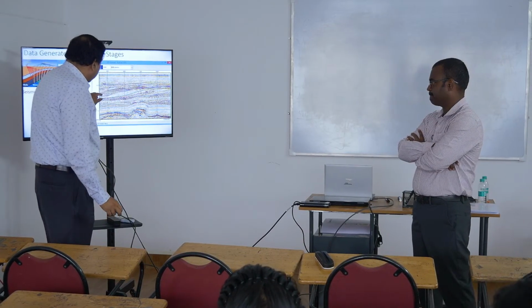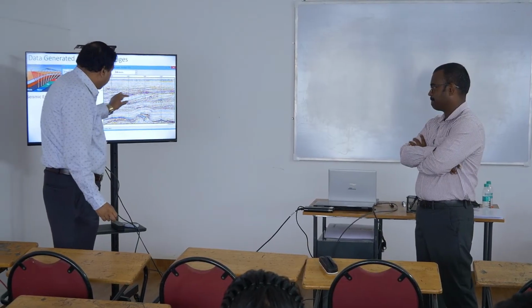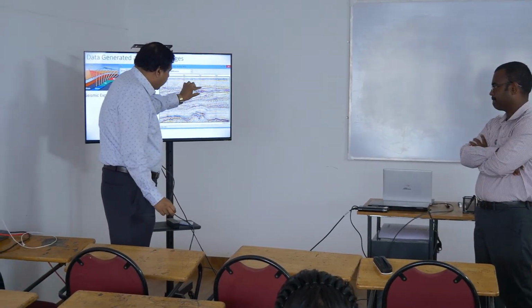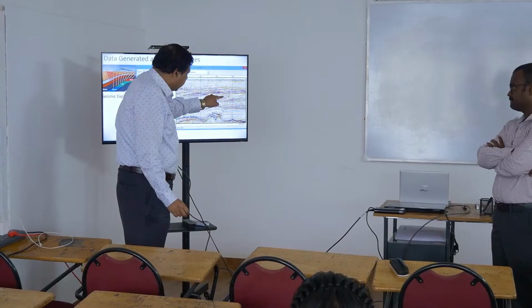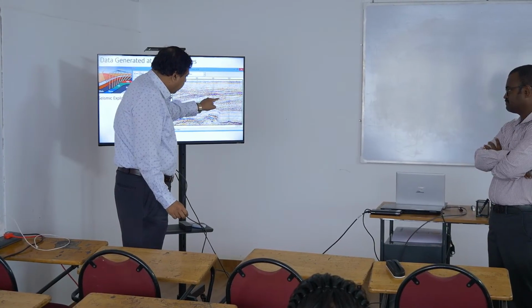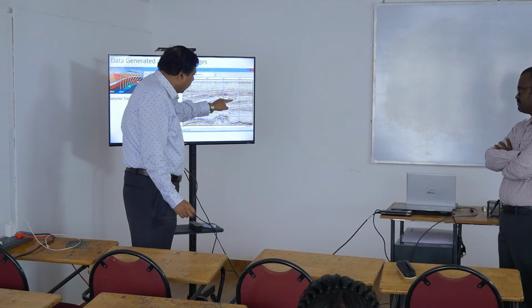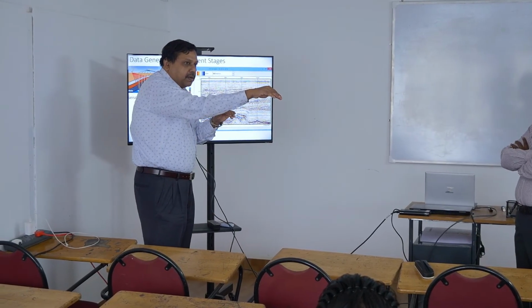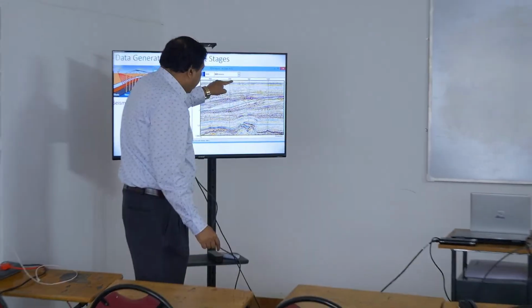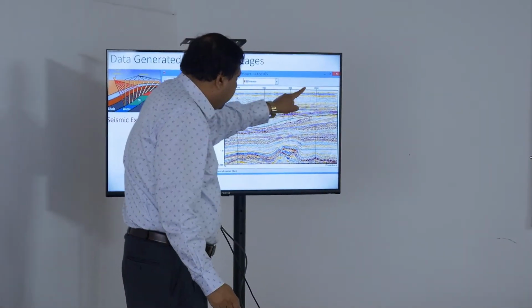The clinoform has formed, prograding upward sequence, and you can see that there are beds parallel to each other. These are also prograding one above another. So I will drill if there is a flow structure somewhere here.